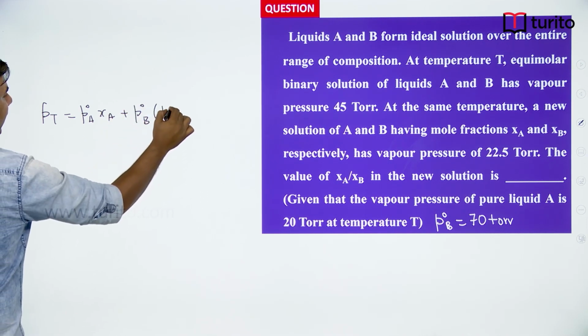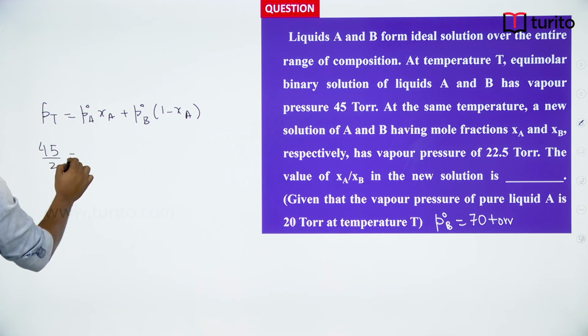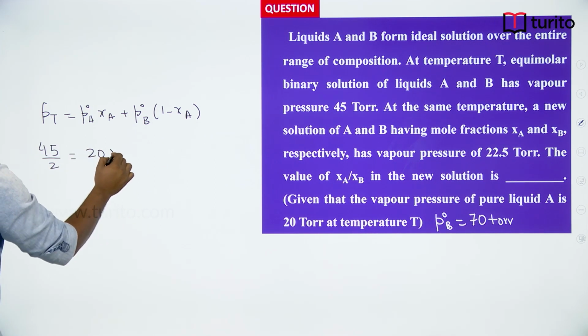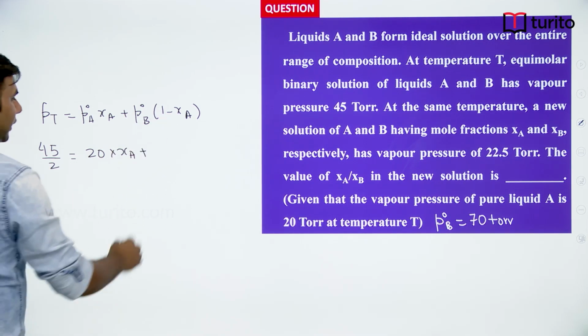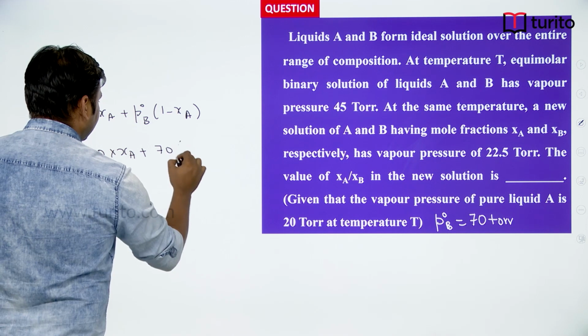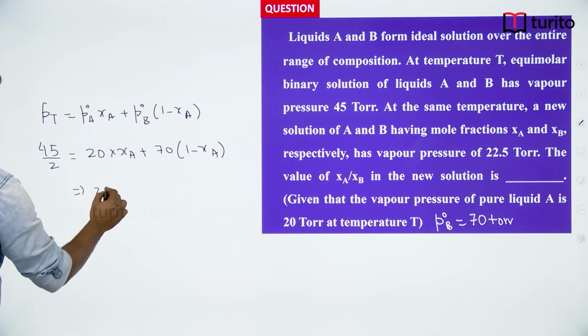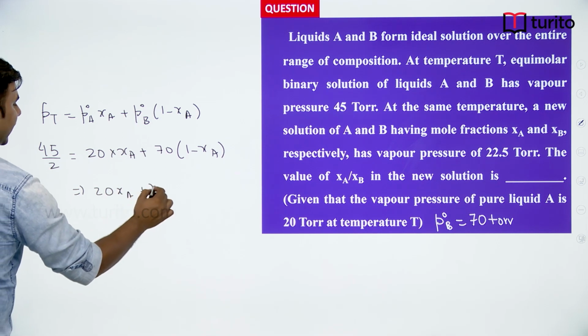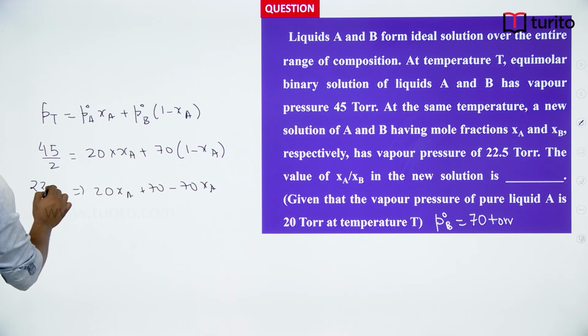We can write XB as 1 minus XA. P naught A we know as 20, this is XA, which we need to calculate, and P naught B was 70, times 1 minus XA. So we can write this as 20 XA plus 70 minus 70 XA, which is equal to 22.5.